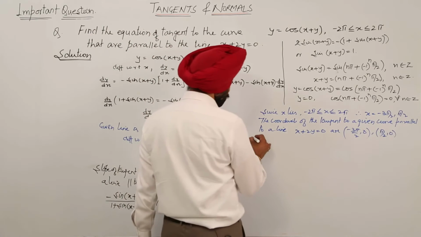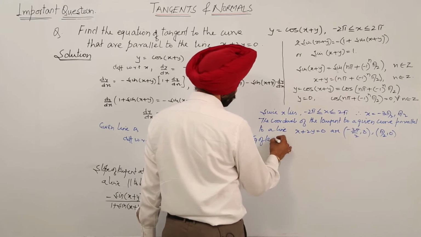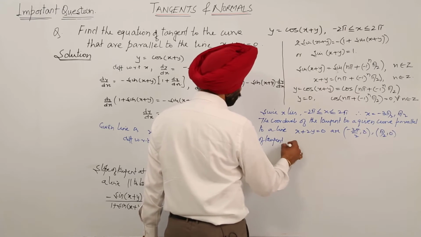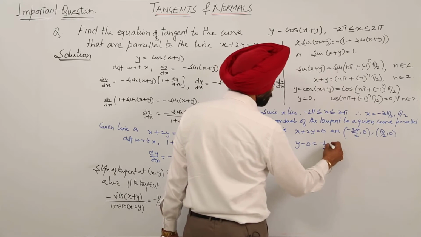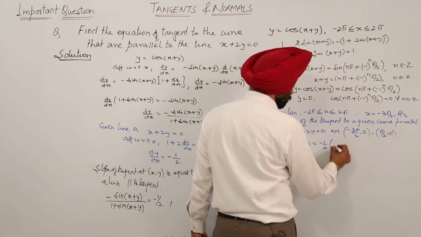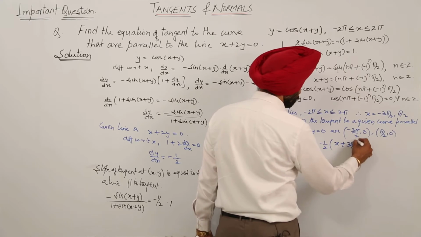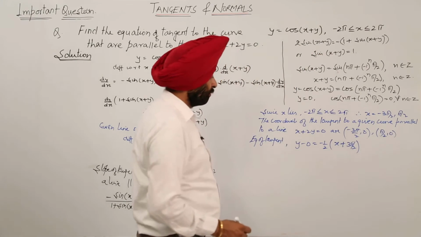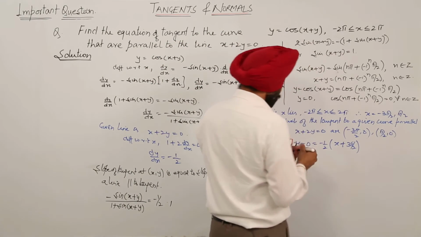Now the equation of tangent is y - 0 = -1/2 (x + 3π/2), that is y - y1 = m(x - x1).